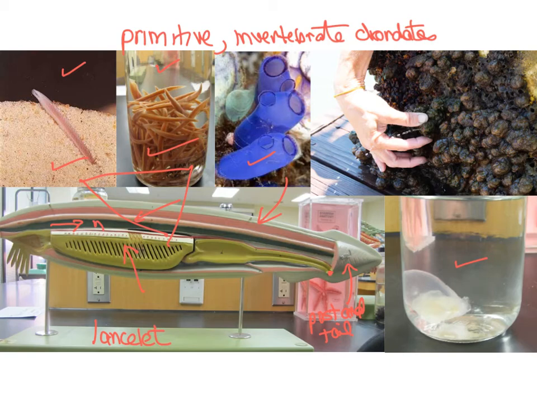As an adult, those characteristics disappear. Just as with us, we no longer have gill slits, we no longer have a postanal tail. And the other 2 structures develop into something else. But it is important to know that the tunicates or sea squirts here and here are chordates.